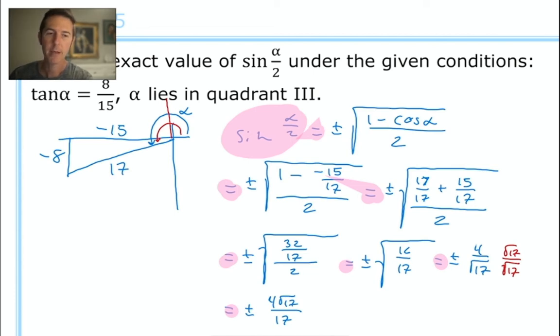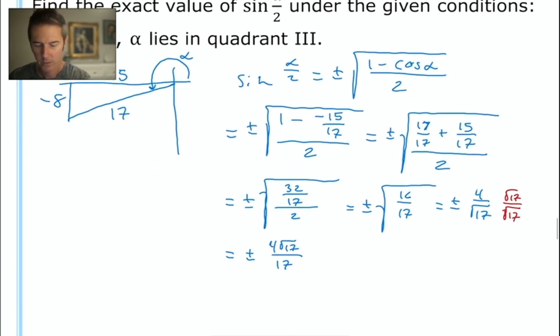You cut that in half, you get 100 degrees, you're for sure in the second quadrant. So alpha over 2 is in the second quadrant. You're taking the sine of an angle measure that's in the second quadrant. What is sine? Is it positive or negative in the second quadrant? In the second quadrant, opposite over hypotenuse is positive divided by a positive, which is a positive. So our final answer needs to be positive.